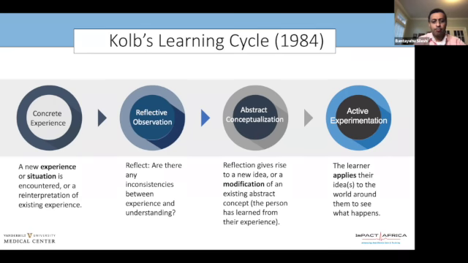So this makes sense to me. Let's say I'm teaching a trainee how to do a center line. The trainee probably already comes with an idea of how to put in a center line. And then as an educator, I tell him or her, okay, you should put your angle this way, or that way. They would listen to my feedback and say, oh, okay, he's showing me a new way to do things. Then the learner will conceptualize it, think about it, and will either decide, okay, I like Dr. Saleshi's way of doing center lines, so in the future I'm going to do it that way.